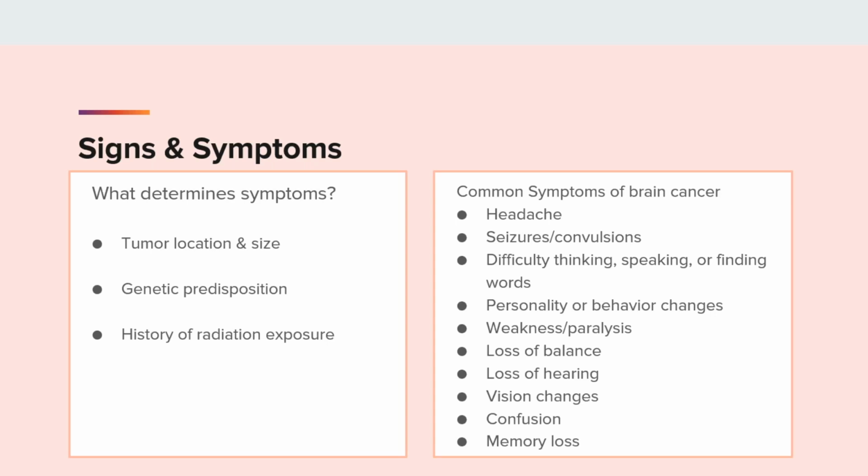Many times, these signs and symptoms are reported at or prior to diagnosis. Incorporating this information into your exam text, or H&P text, is recommended.